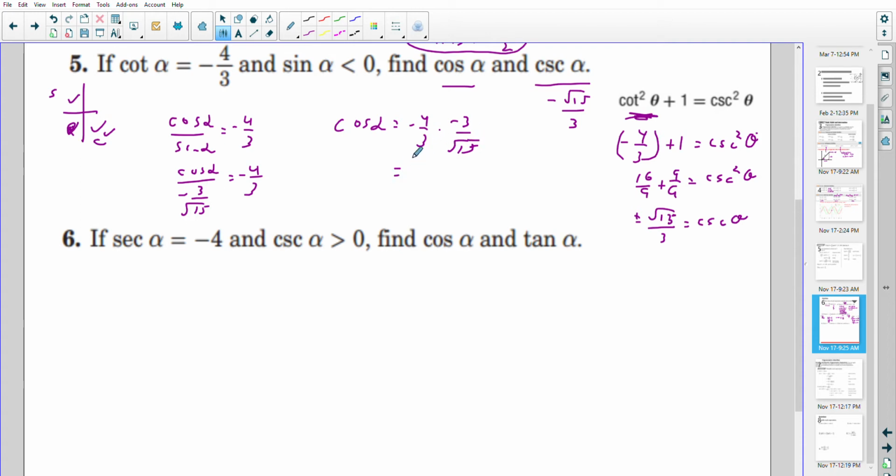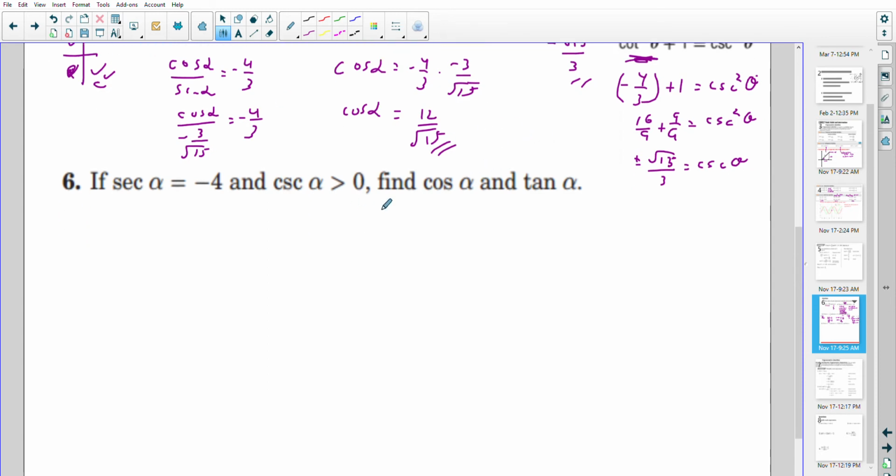And as you cancel those out, it becomes 12 over square root of 15 positive, and that's what your cosine alpha is. Be very careful with subtleties on negative signs and cross multiplying.